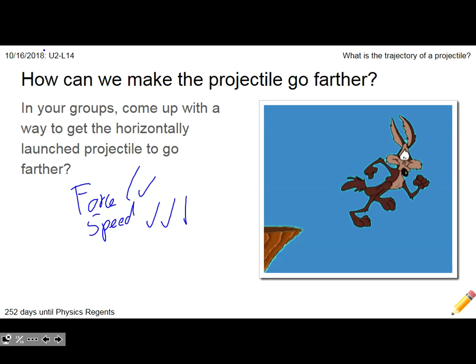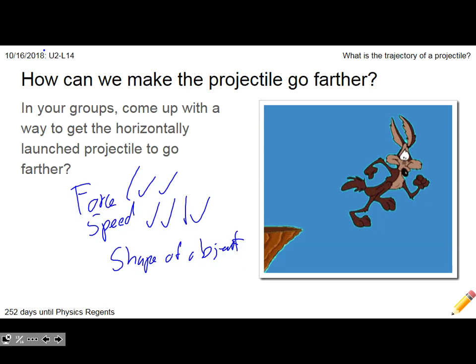Table 3. Table 2. Okay. And table 1. Force. Okay. There's one that's missing.